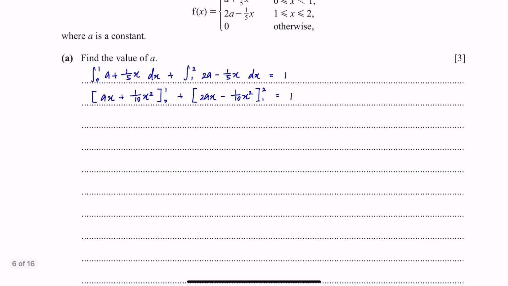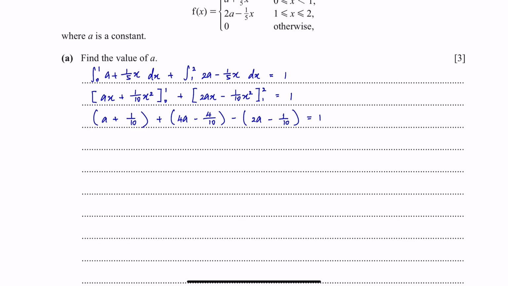So now we sub these values into x and we get a plus 1/10 plus 4a minus 4/10 minus 2a minus 1/10 equal to 1.